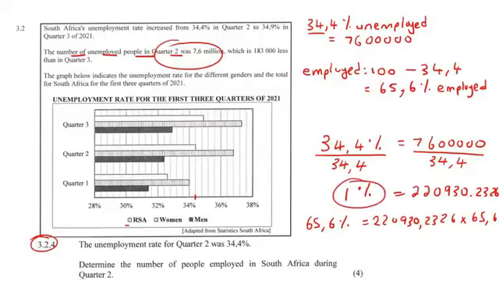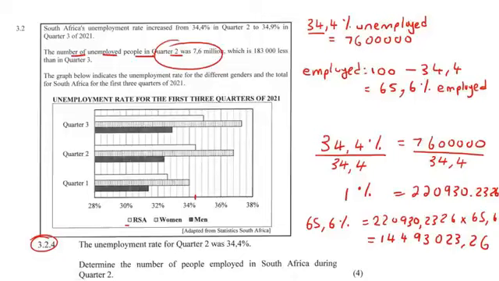If 1% is this many people, then if you want to know what 65.6% would be, you would just multiply that by 65.6. I hope that makes sense for you. And if you do that, you should end up with 14,493,023.26. It's a little bit more than 14 million people.